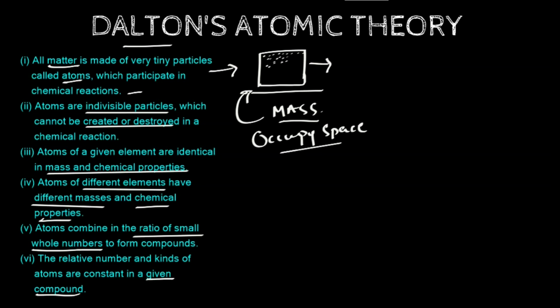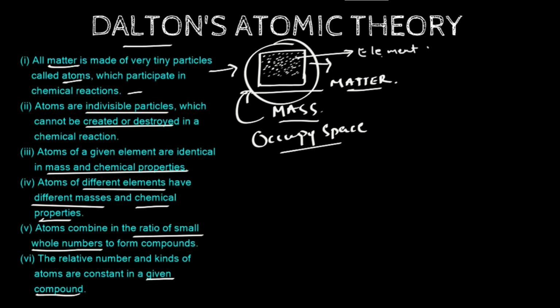For your understanding, I'm writing like this, but you can't see an atom with your bare eyes, or even using any kind of equipment. If you consider a whole thing as matter, each element has its own atoms.